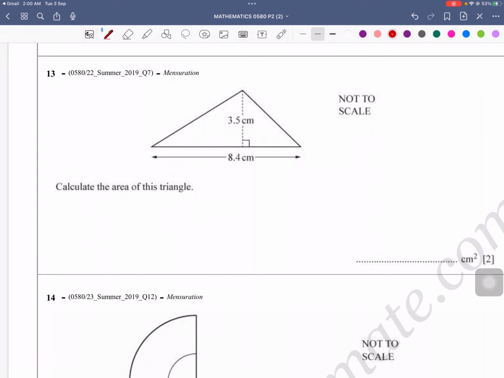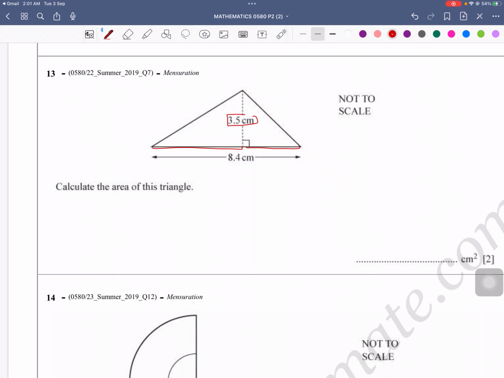Let's come down and find the area of this triangle, right? The area of this triangle is again going to be easy. Why? Because we need to understand that even if we break it into two equal lengths, this will remain the base because it's the total base, and this remains the height.